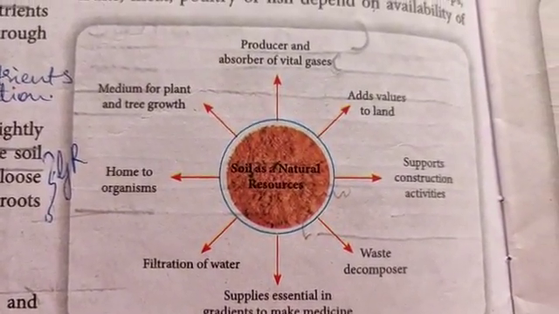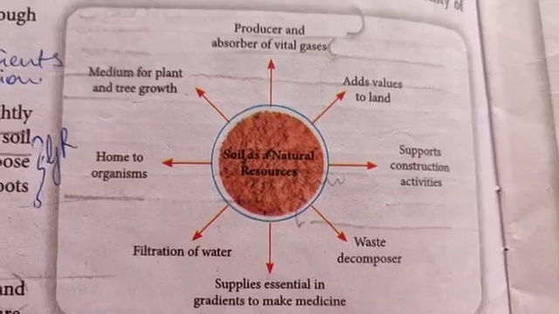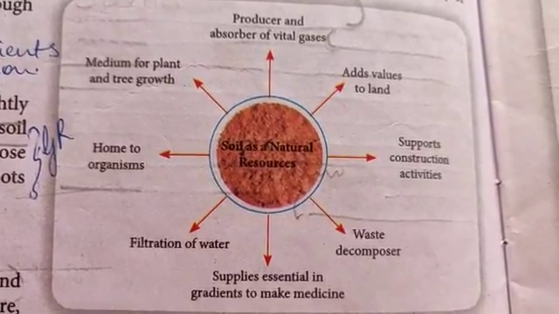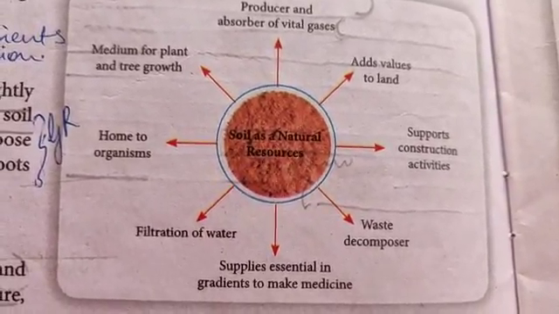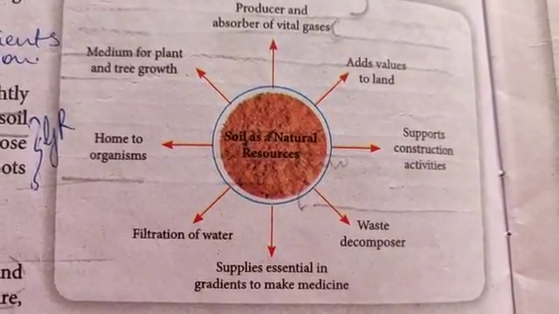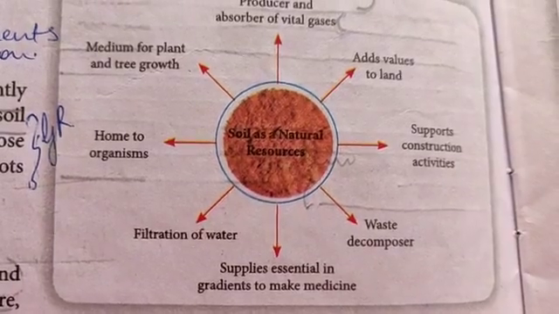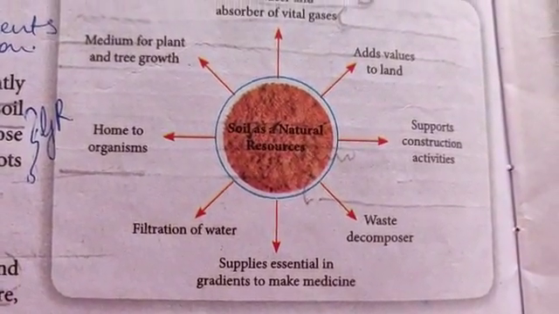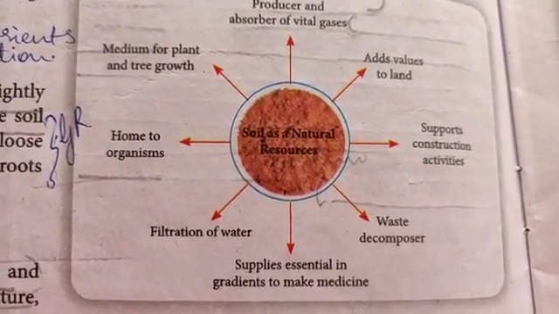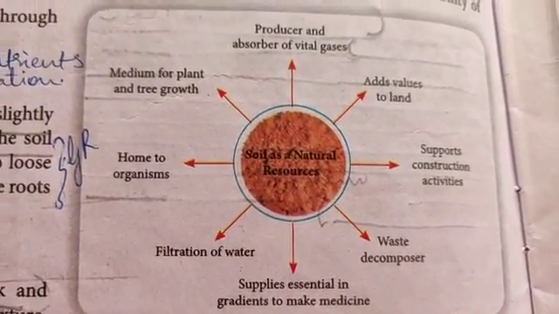It is a producer and absorber of vital gases, adds value to land, supports construction activities, waste decomposer, supplies essential ingredients to make medicine, filtration of water, home to organisms, medium for plant and tree growth.